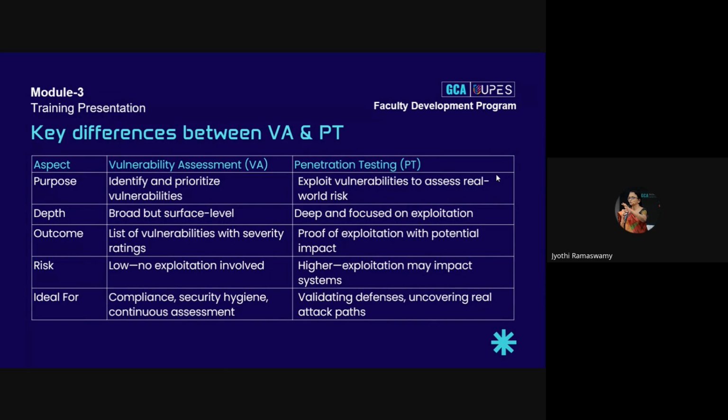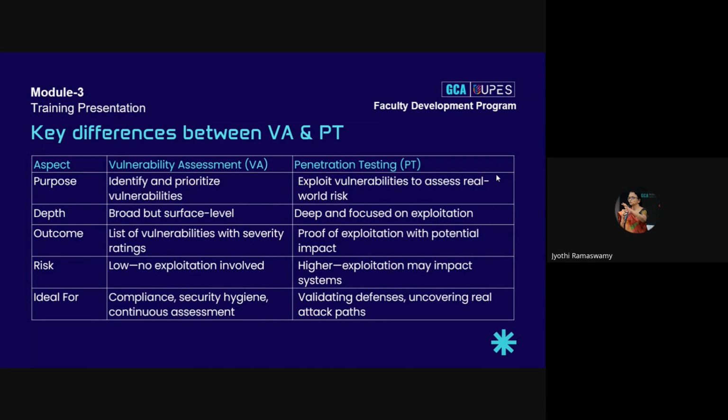In penetration testing, the tool will try to hack into the system by using some password cracker to see how quickly the password can be cracked. And then it gives the strength of the password, right? VA is at a surface level; even though it covers all the surface, it is broad, but it is at a surface level only. It tries to see what are the open vulnerabilities.